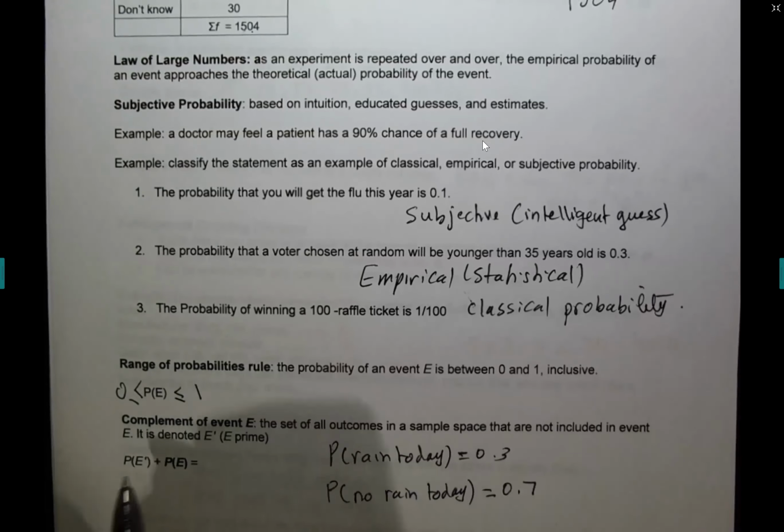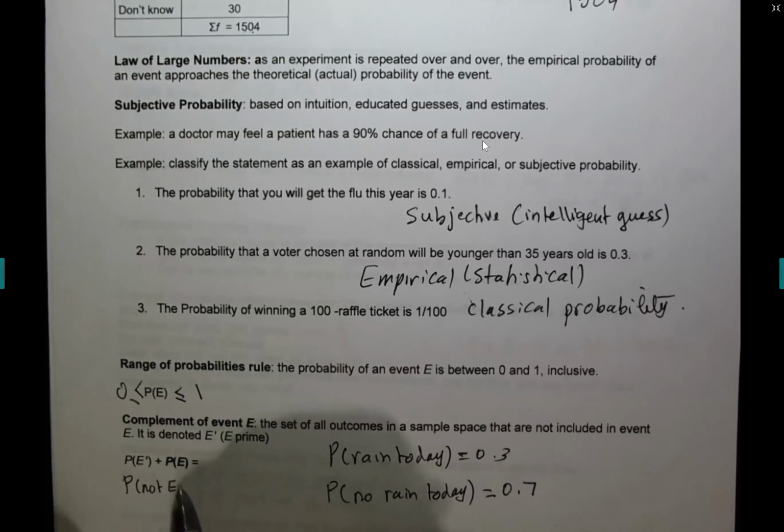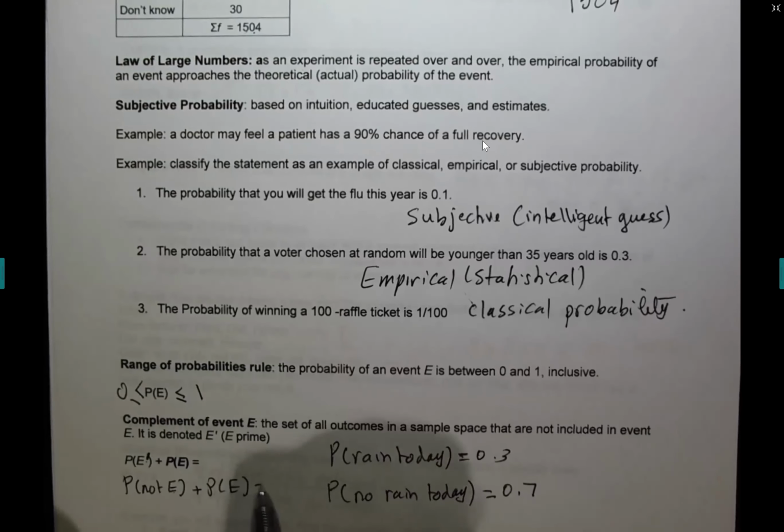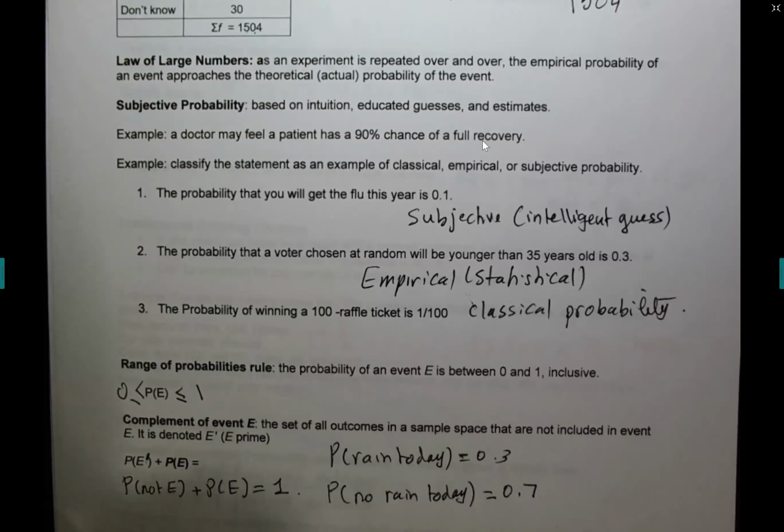And here's the formula. Probability of not E, this symbol right there, E prime, means not E, plus probability of E will always equal 1, guys. So here's a possible question in the homework, a very simple question. The probability that someone is successful in the class is 0.75.